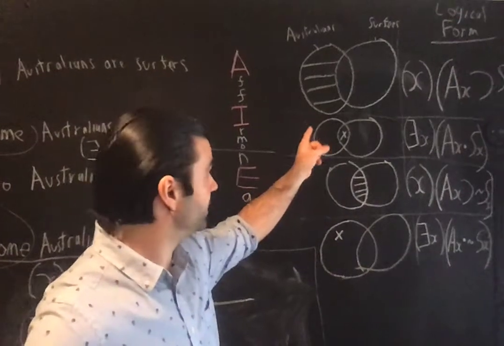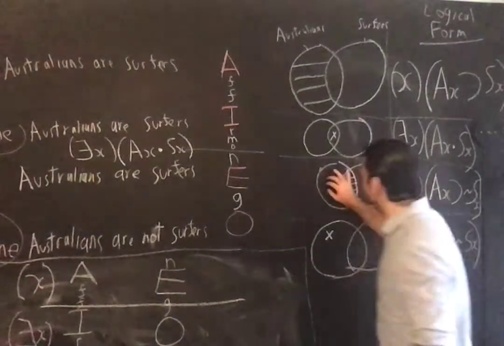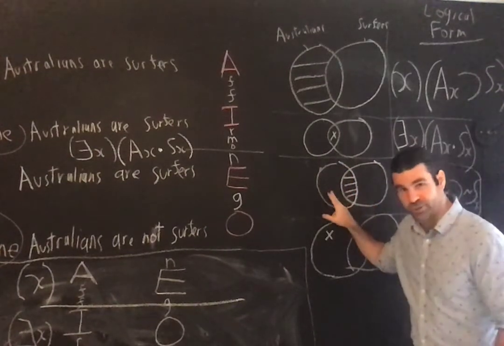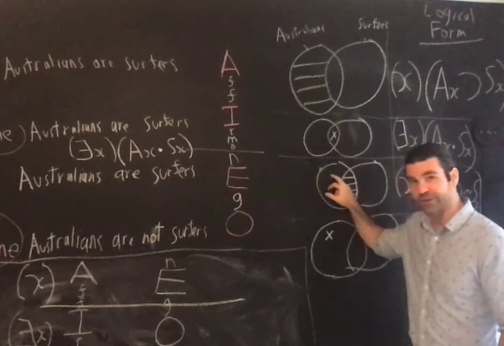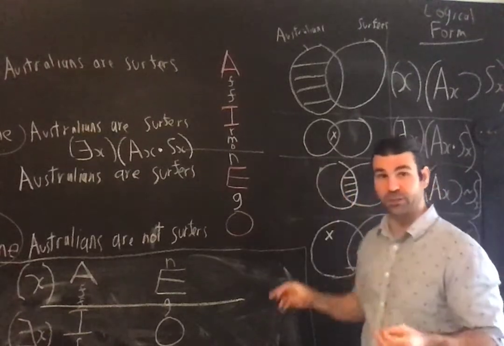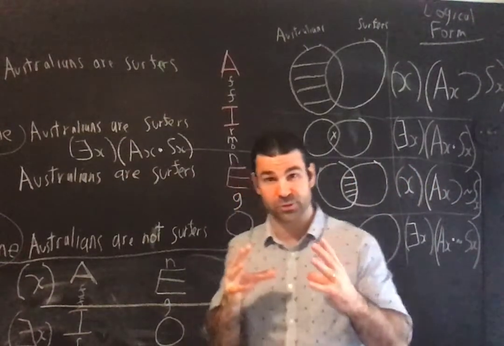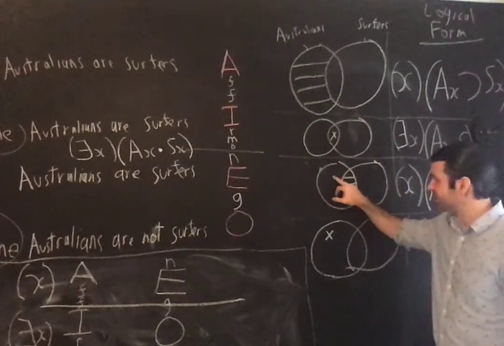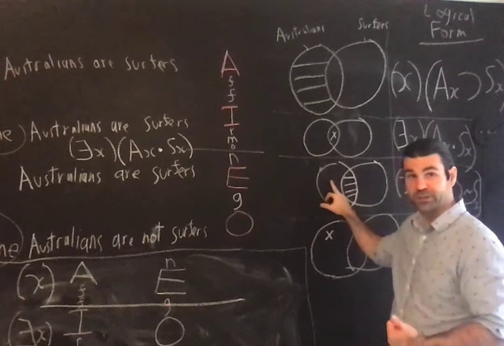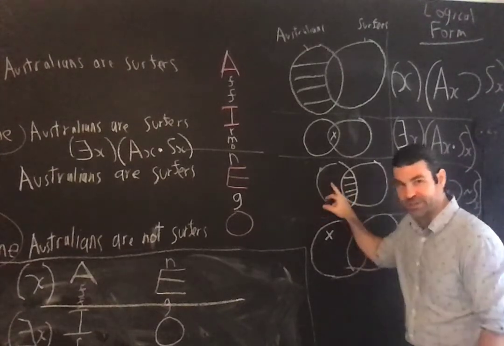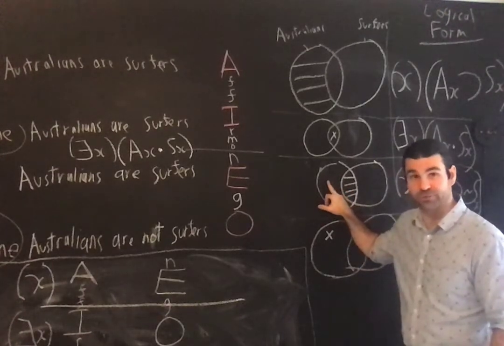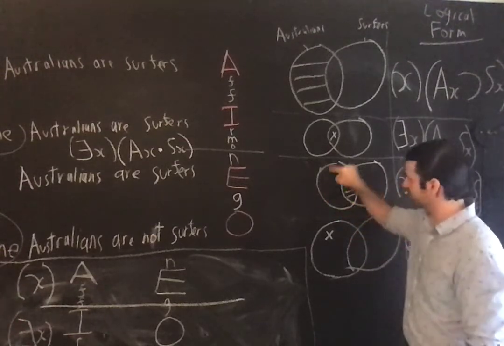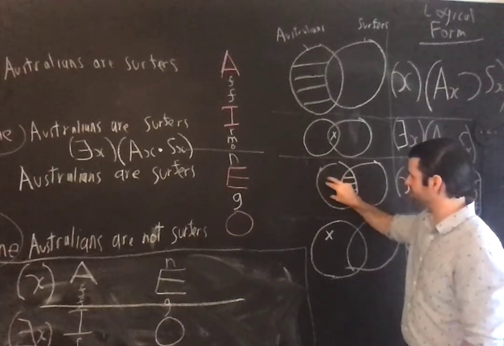This section is the section of things that are Australian. If any individuals go here, what is a set? It's a collection of individuals. Any individuals in this section are Australians and not surfers, because they're included in the class of Australians, but excluded from the class of surfers.